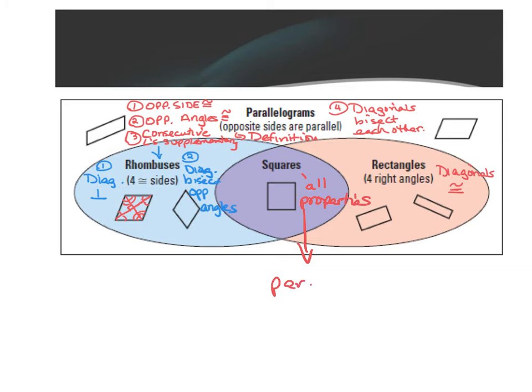It's got the properties of the parallelogram, the rhombus, and the rectangle. Notice it's in the overlap area. It's overlapping that blue and that red, because if you think about your art, blue and red make purple. So all of the properties of everything are a square.